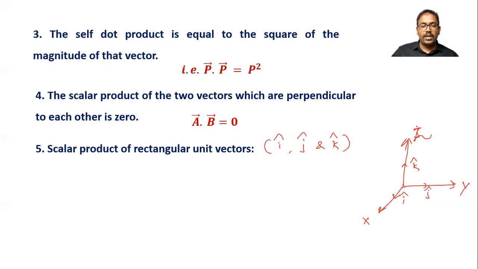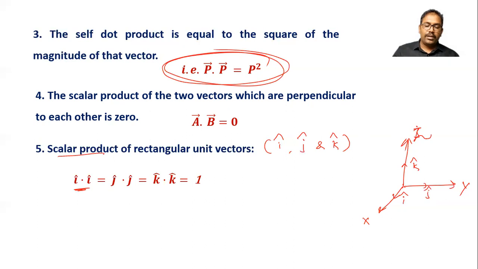Then their scalar product: i cap dot i cap. If the vectors are the same, it is equal to the square of the magnitude. The magnitude of i is 1 because it's a unit vector, so 1 square is 1.